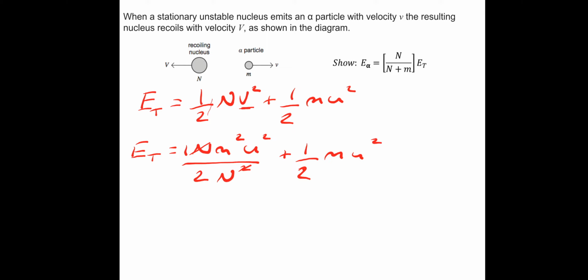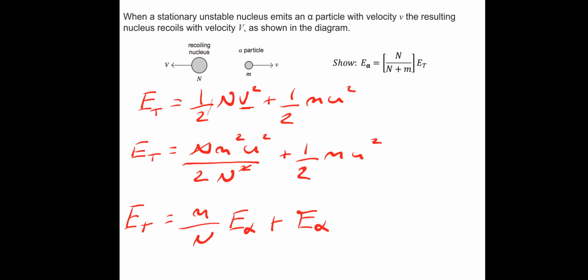Let's just get rid of that. So what we can write is this: the total energy is equal to m over n times the kinetic energy of the alpha particle plus the kinetic energy of the alpha particle.